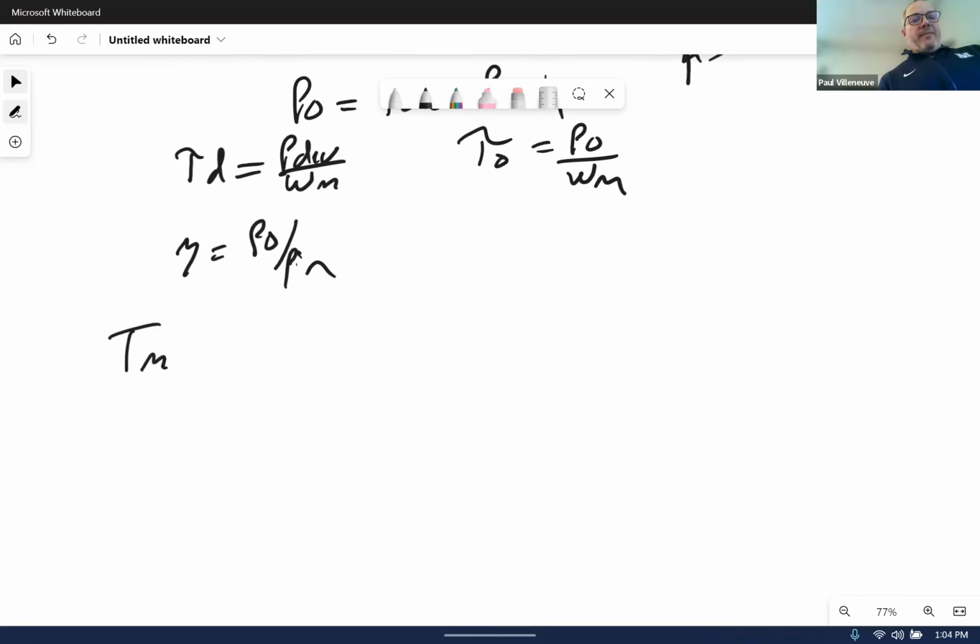Max torque developed, there's two ways of doing it. You could have solved for V Thevenin, which is kind of a pain to write down the equations.